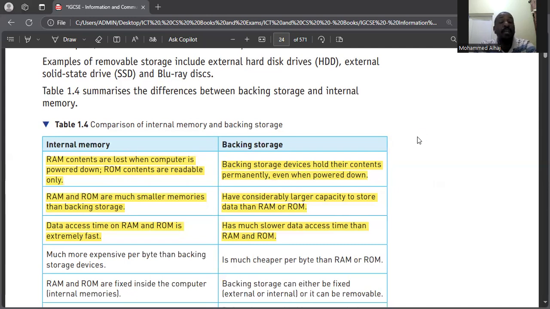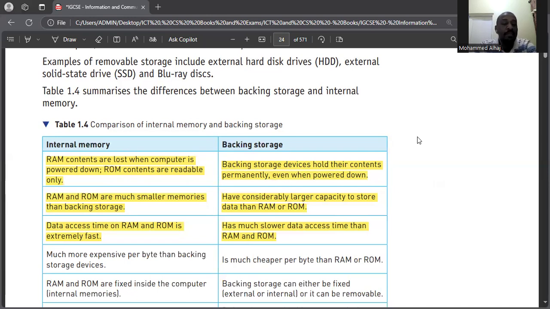Next point is the capacity. Of course, the internal memory size is very small compared to the backing storage or the secondary storage, which has considerably larger capacity to store data than RAM and ROM.